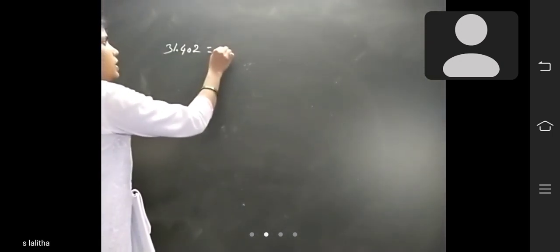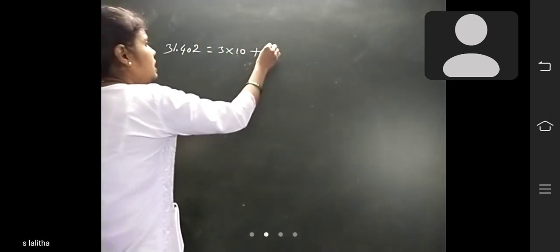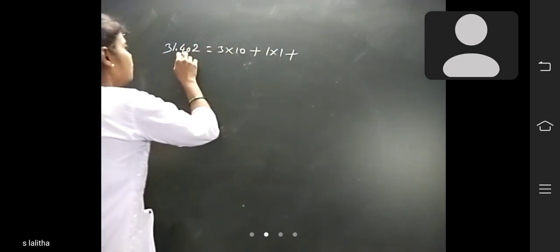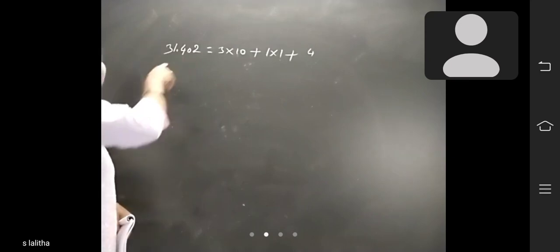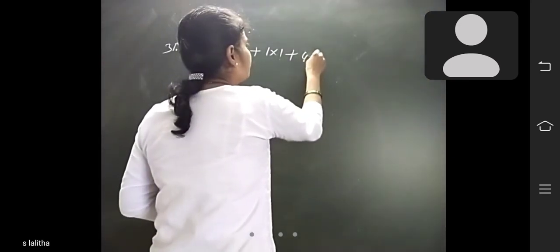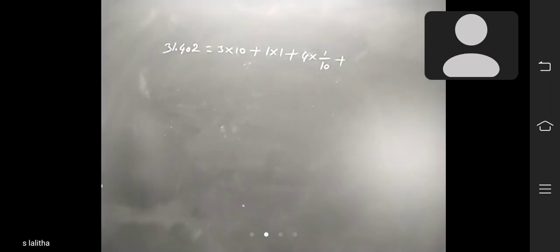3, in which place? Tens place. Plus 1, in which place, children? Ones place. Plus 4, in which place? After the decimal point, the first place is tenths. So 4 into 1 by 10, plus 0. 0 is in which place?